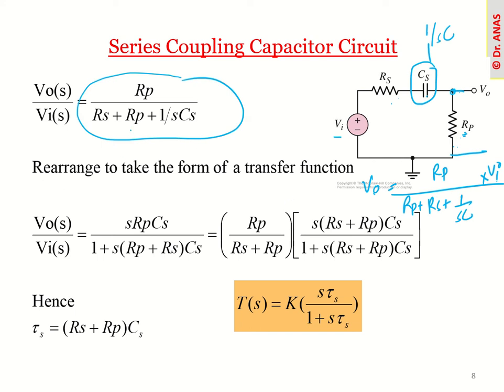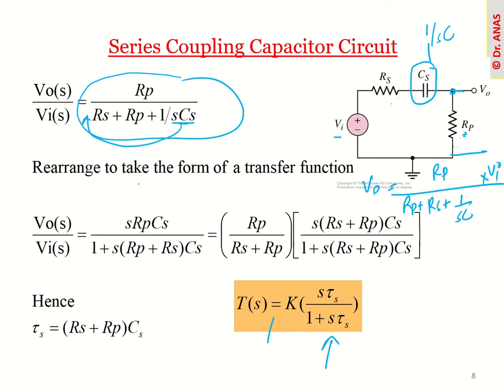And if we do some rearrangement here, why are we doing rearrangement? We want to get this kind of transfer function, where we can easily identify the zeros and poles. So for the rearrangement, I multiply this here, and it will go above.